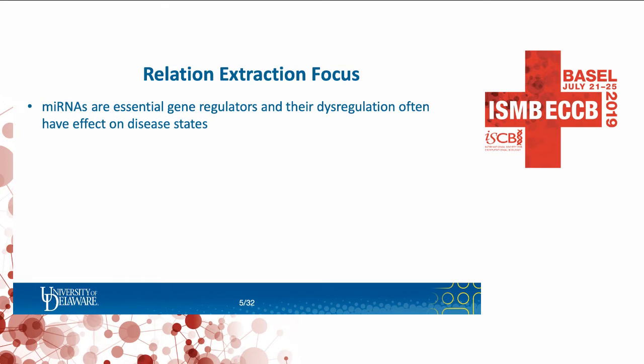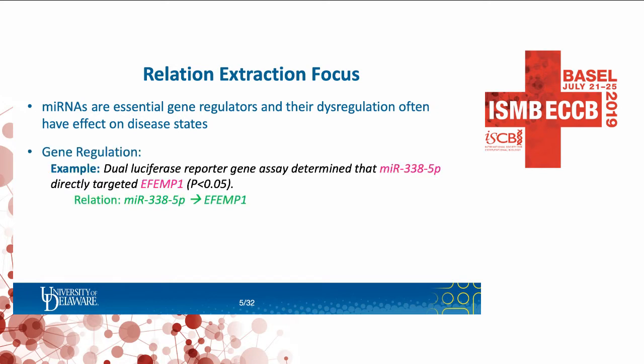Recall that I mentioned in the first slide that microRNAs are essential gene regulators, and hence the first major relation that we want to extract is the relation between microRNAs and genes. Here I gave a small example to indicate that in this sentence, we would like to extract the relation between MIR338.5P and EFEMP1.